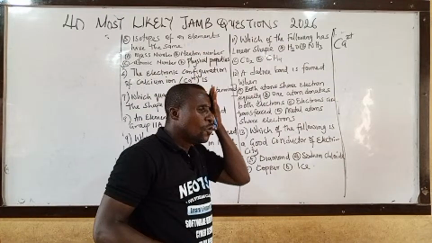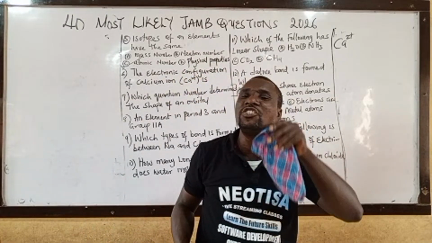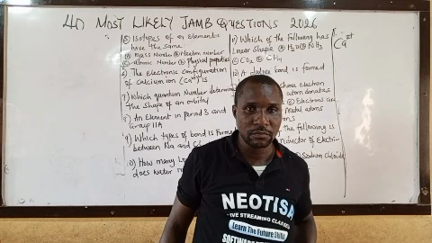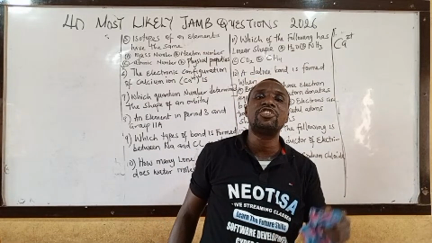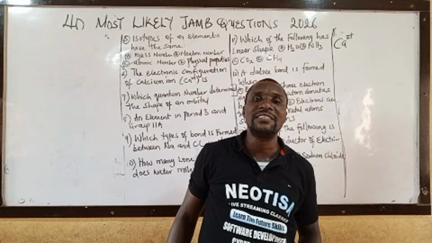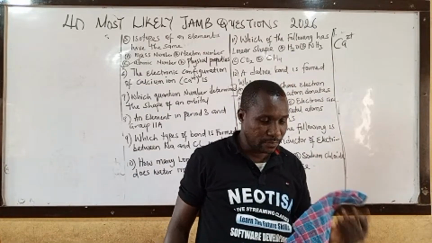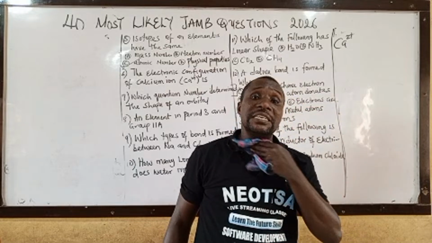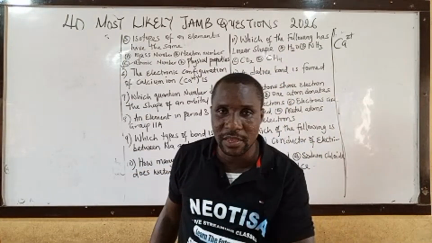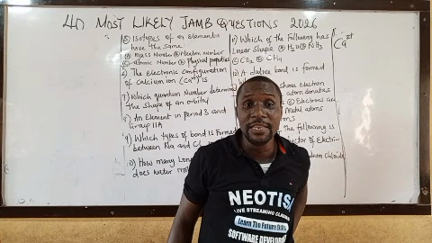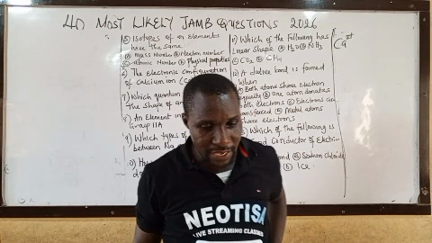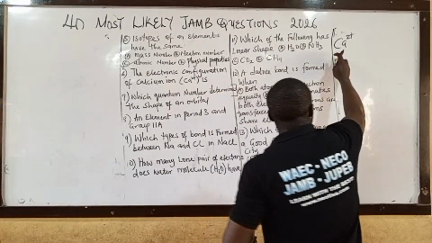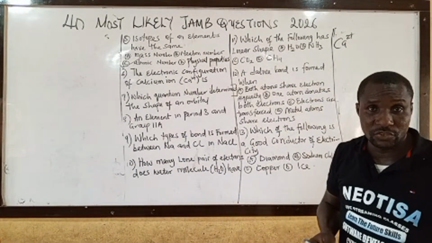Class, take note. When you see a positively charged substance, that substance is lacking electron. When you see a negatively charged substance, that substance is having excess electron. Calcium ion means it's lacking electron.